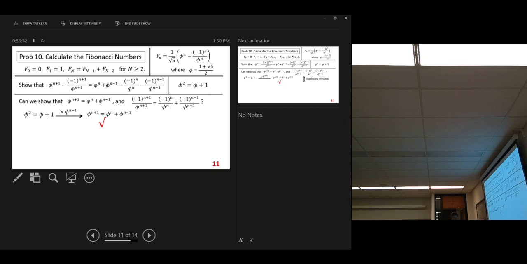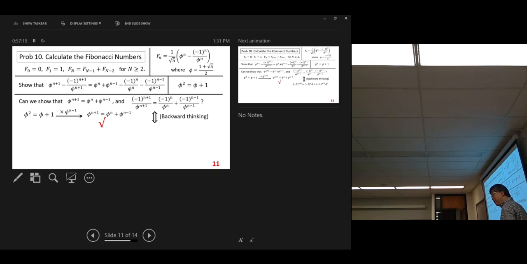Now let's verify the second statement, the second equality. Backward thinking: in order to make this correct, we go backward. Let's remove the denominators. Can we remove denominators on both sides by multiplying by a common denominator?